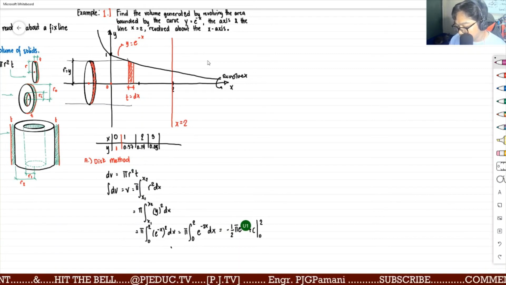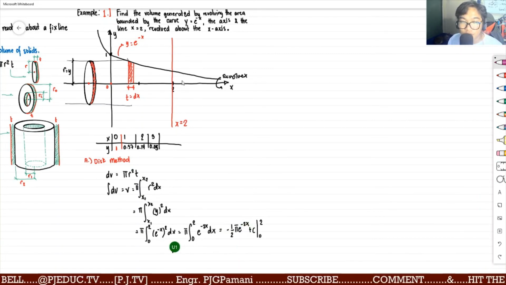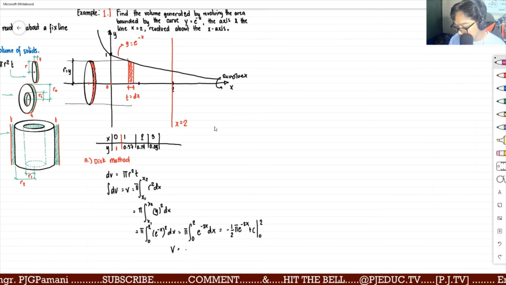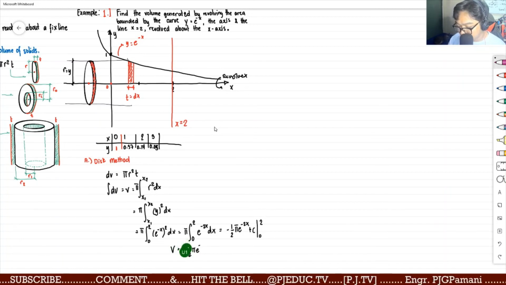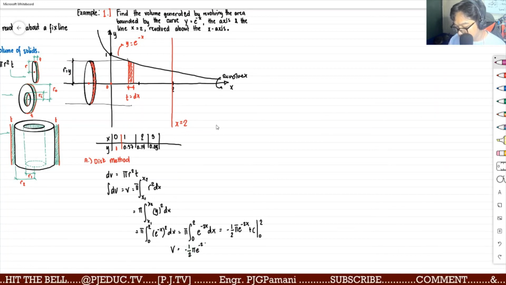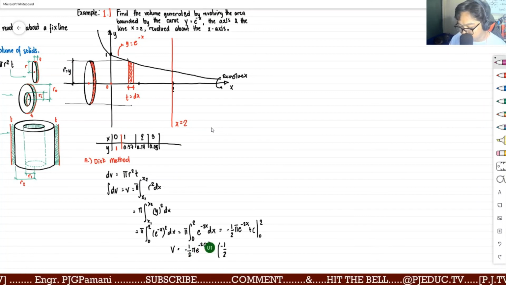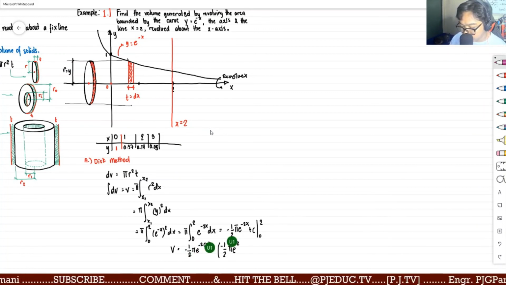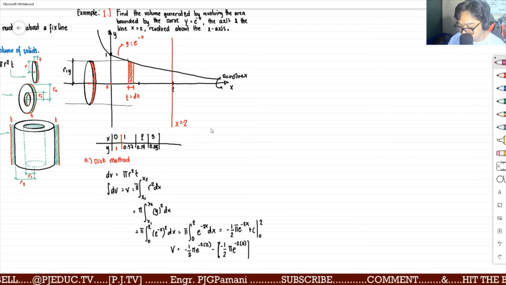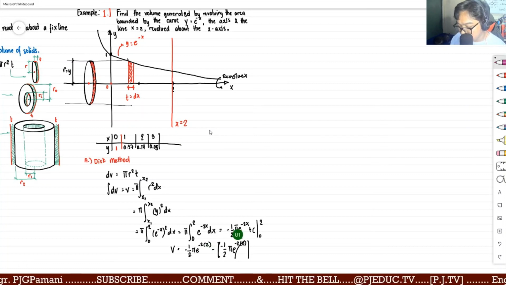So the volume at which this exponential curve revolves exactly at the x-axis is now equal to negative 1/2 pi e raised to negative 2 times 2 minus negative 1/2 pi e raised to negative 2 times 0. Okay? So on your own, try to solve that. 2 times 0 is 0. e raised to 0 is 1. Tama?